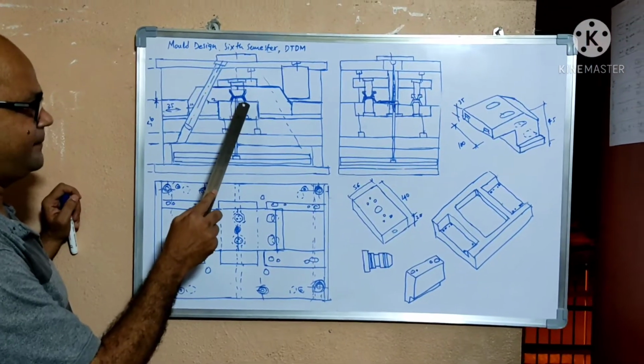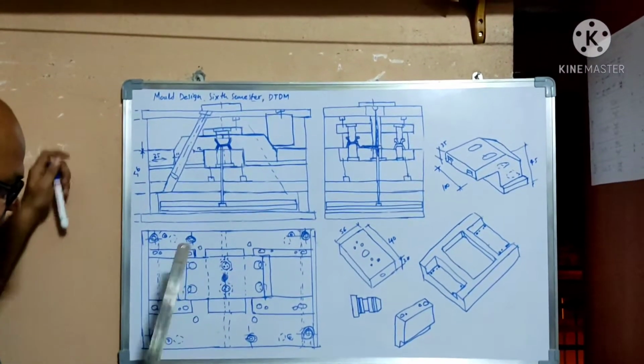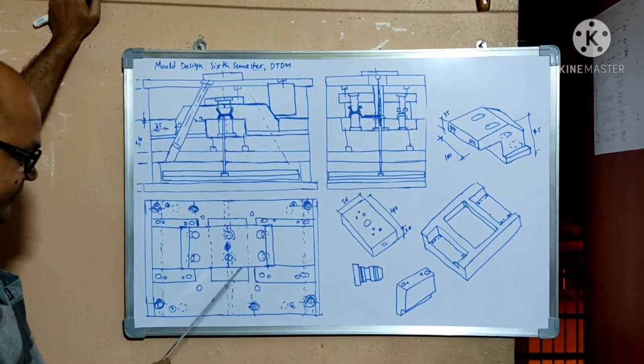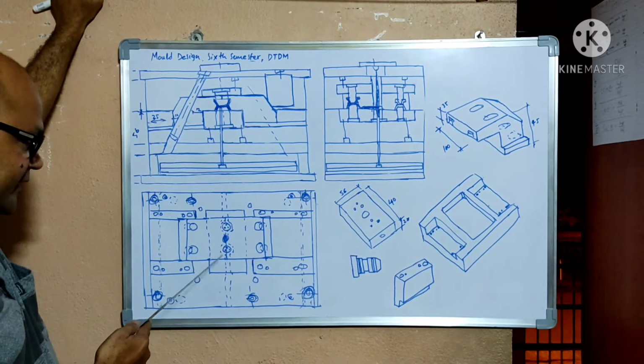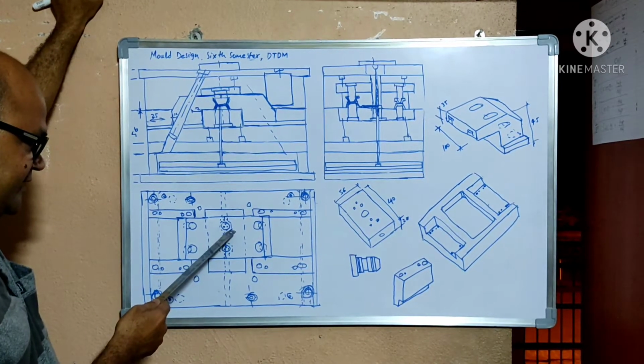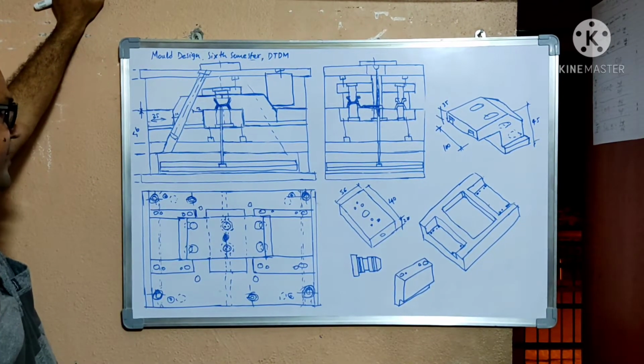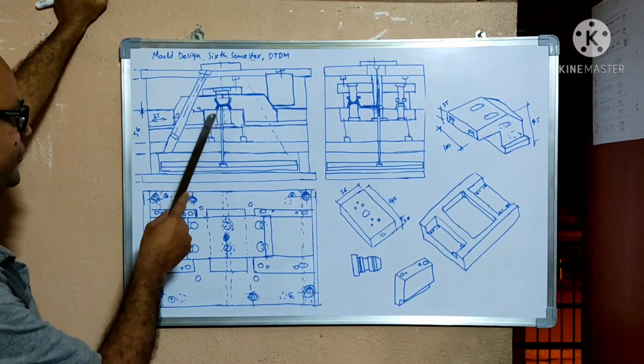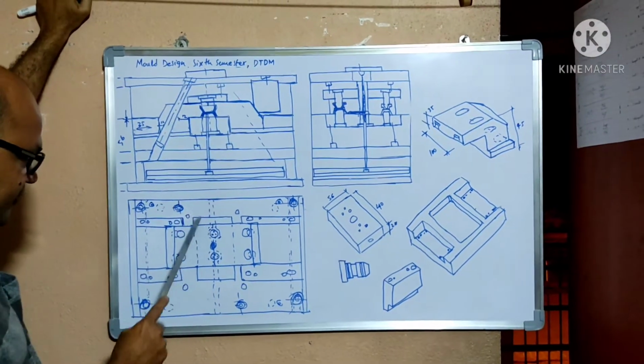You are seeing here the component top view. In the component, you have already been told that the ejection is done by pin ejectors, and in the front view you are observing the insert.